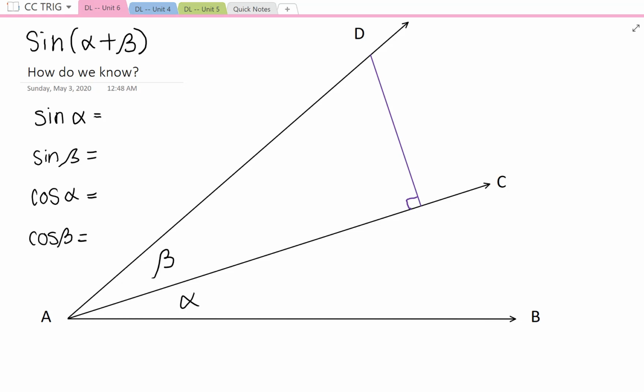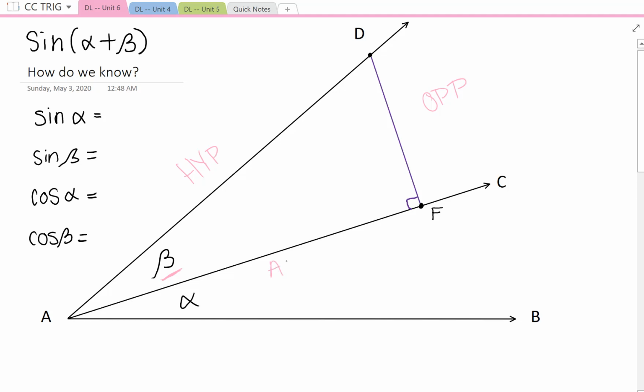This is perpendicular to AC, and it's perpendicular at the point, let's label this F. Focusing on beta, let's label the sides. This is my opposite side.